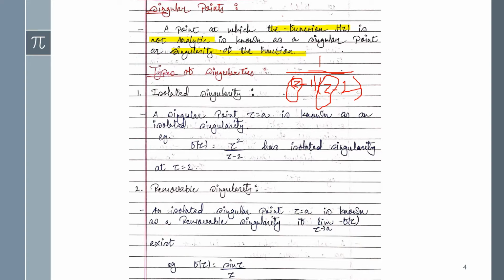The definition is: a singular point z equals a is known as an isolated singularity. Again repeating, a singular point z equals a is known as an isolated singularity. For example, suppose f of z equals z square upon z minus 2, then it is said to be an isolated singularity at the point z equals 2.